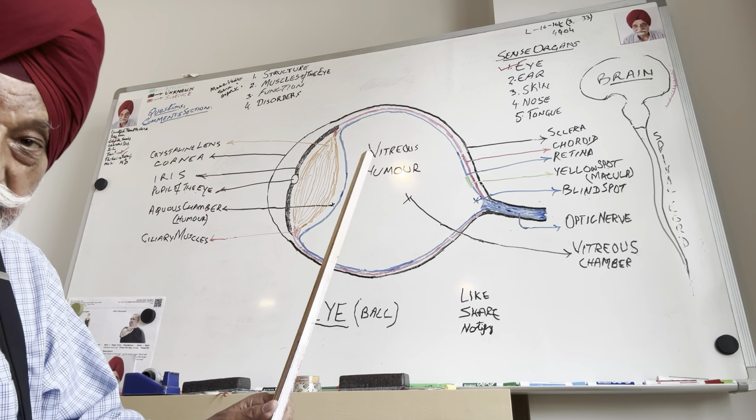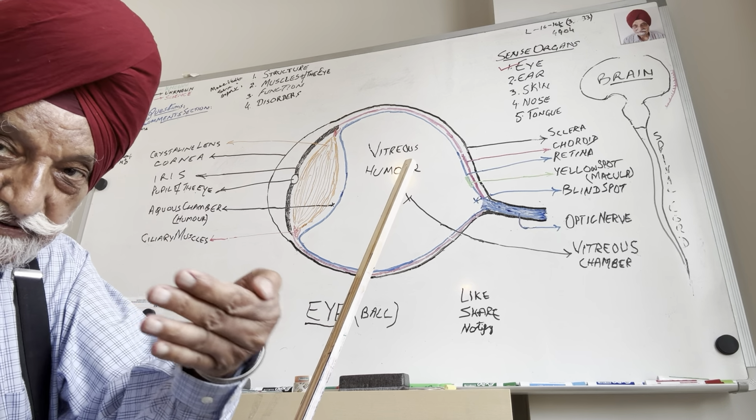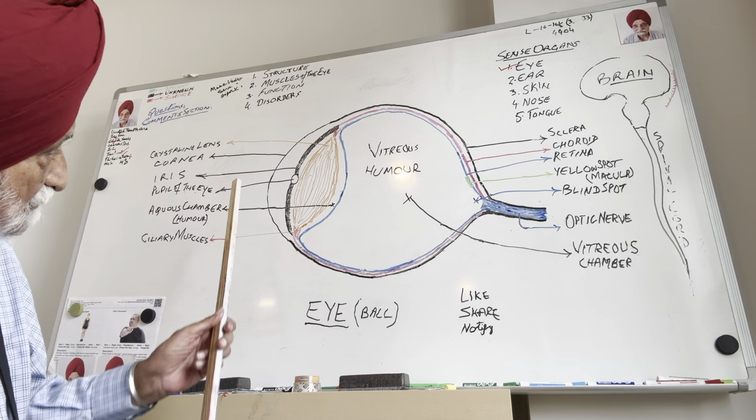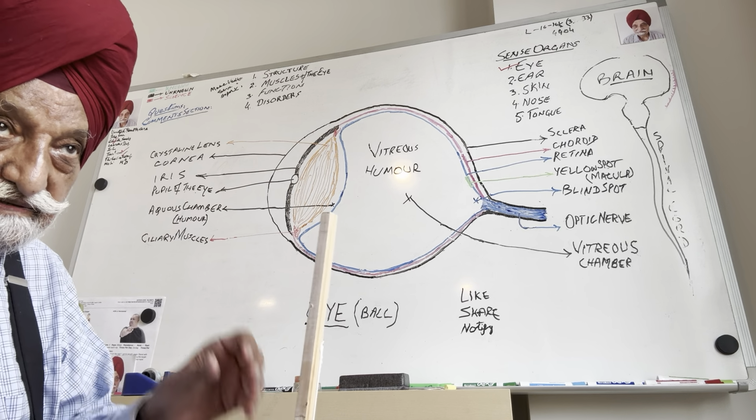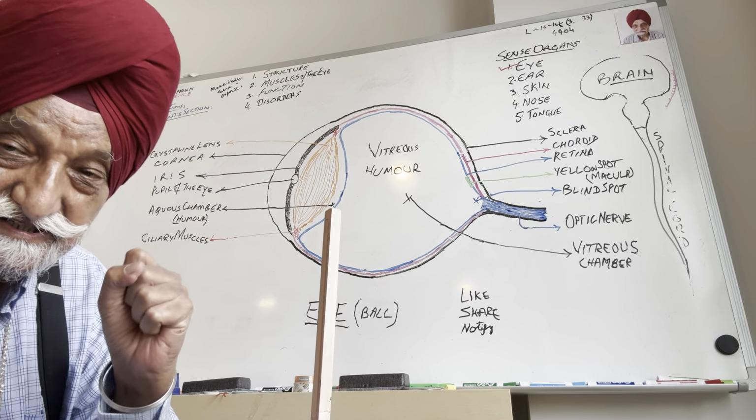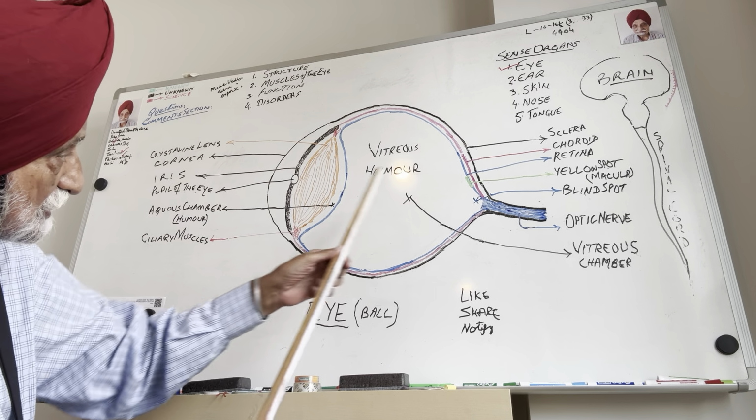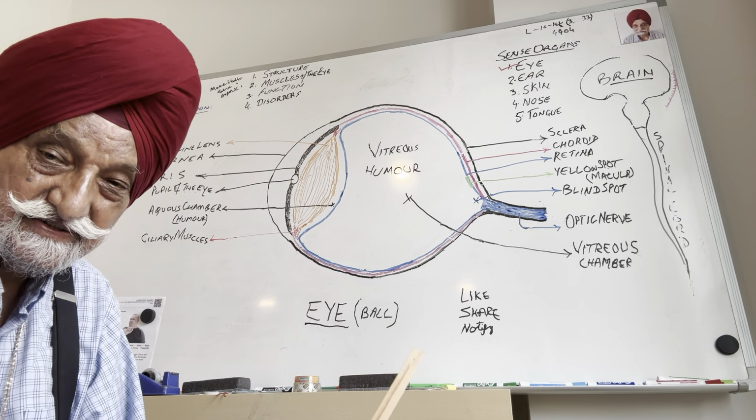And when you read the book, that means the objects are close to the eye, then the focal length of the lens decreases. Hence, the image can be formed on the retina.